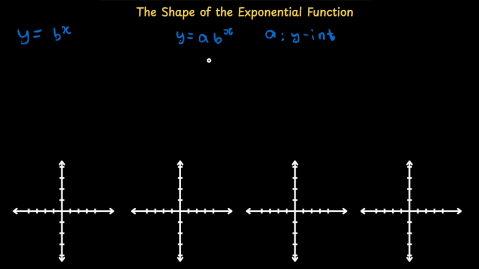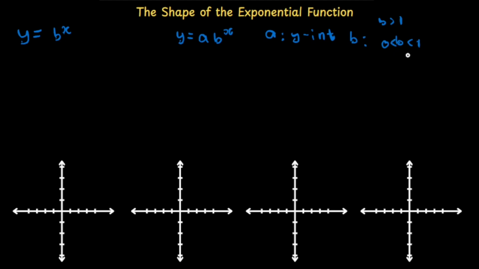When it comes to the value of b, b can be any number that is greater than 1, or b can be any number that is less than 1 but greater than 0. When I'm speaking about b being less than 1 and greater than 0, I'm telling you that b is a fraction.